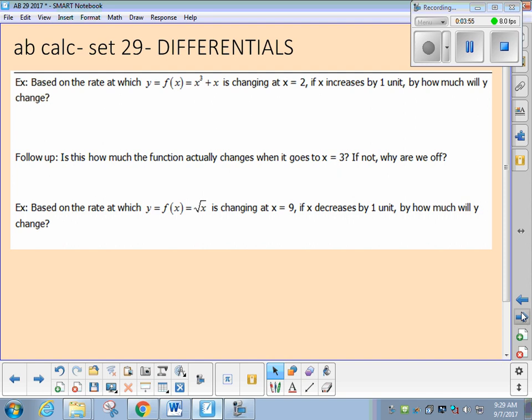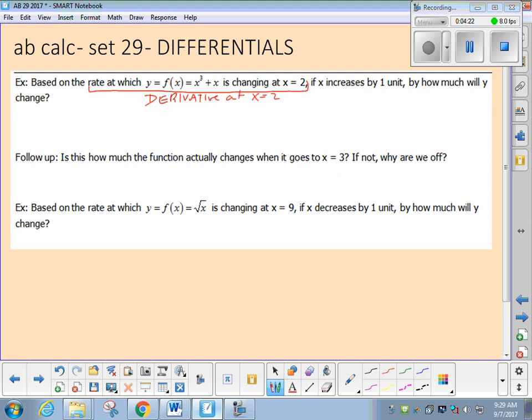Let's start with translating this. The rate at which the function is changing at x equal 2. Is that change over an interval, average rate of change, delta y? Or is that change at a point, dy? dy dx. That's rate of change at a point. That's all code for derivative, yes? At a specific point.